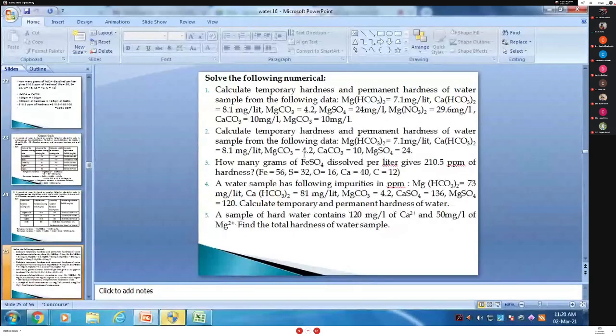Calculate the temporary hardness and permanent hardness of water sample from following data.